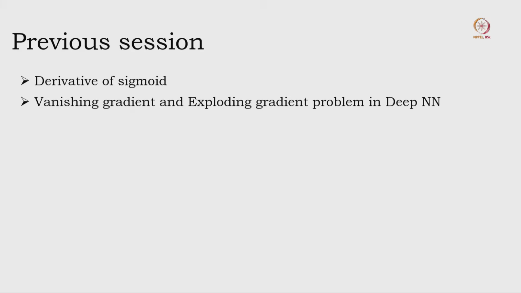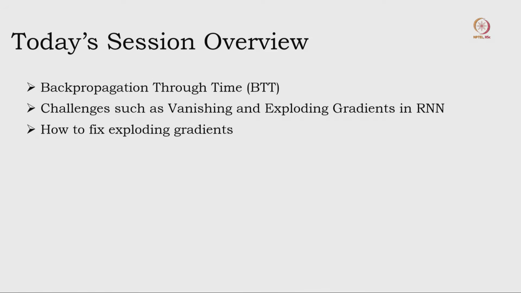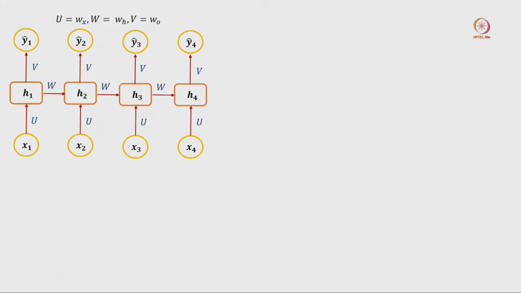In today's session, we will see the most important concept of RNN, which is backpropagation through time, which we call BPTT, and we will connect the challenges such as vanishing and exploding gradients in RNN, and towards the end of this session we will see how to fix exploding gradients. So with this, let us get started with backpropagation through time.